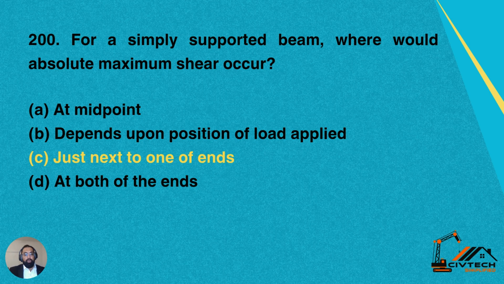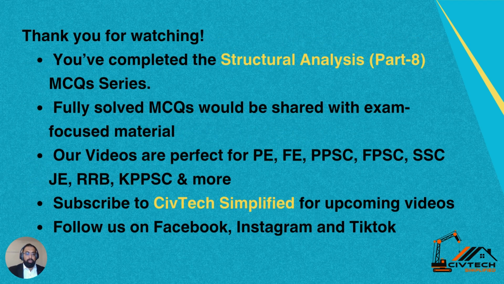Option C, just next to one of the ends. And option D, at both of the ends. It's option C, just next to one of the ends. In case of a simply supported beam, the absolute maximum shear occurs just next to any one of the ends. So C here is the correct answer for this question.